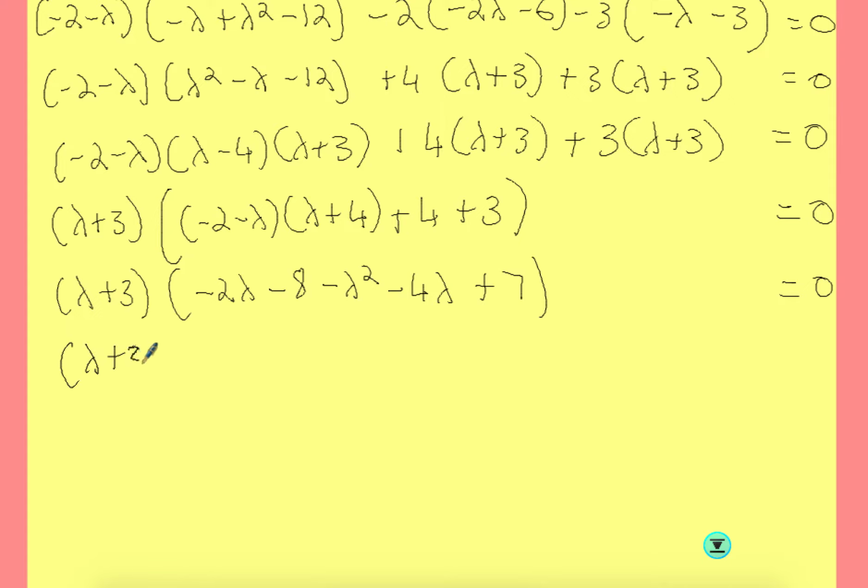So lambda plus 3, that's negative lambda squared. Another wee mistake in here.